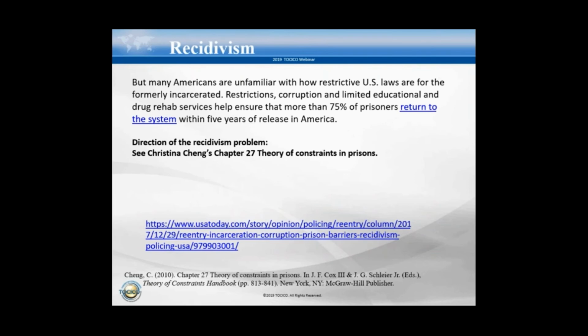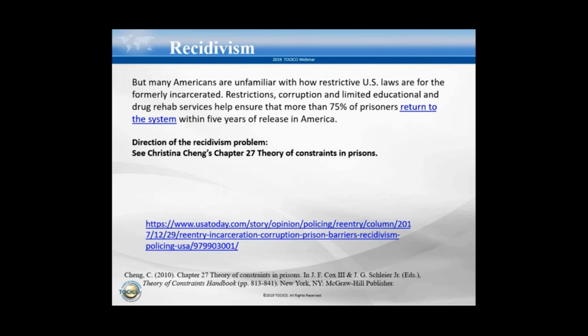Here I tried to apply TOC to recidivism, that's criminals ending back up in prison. I have a quote here where 75% of prisoners return to prison within 5 years. And think about that. You've got new prisoners coming in, and you've got 75% ending back up in prison. So you've got an expanding problem.